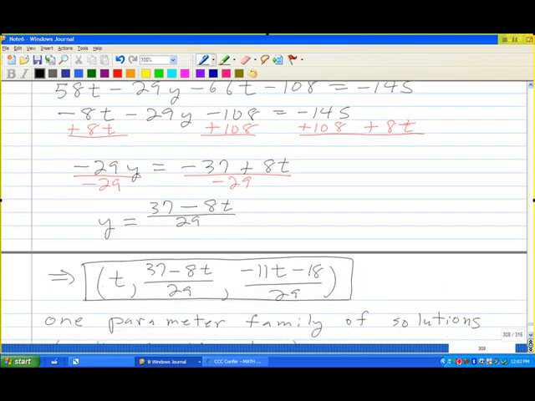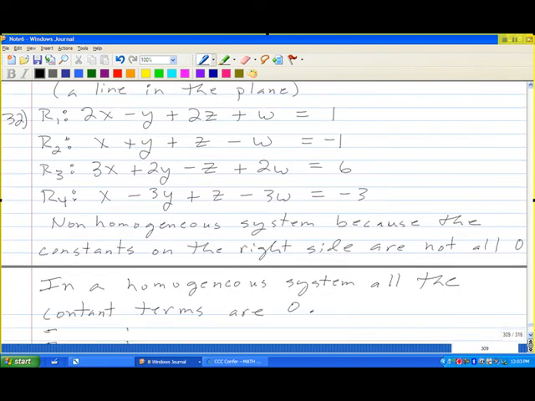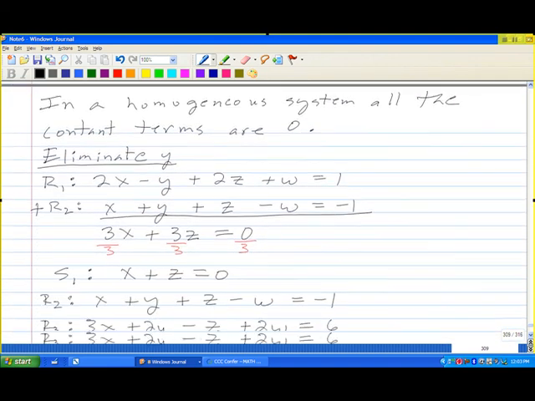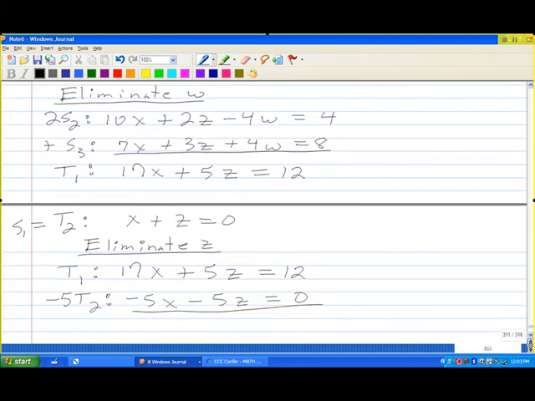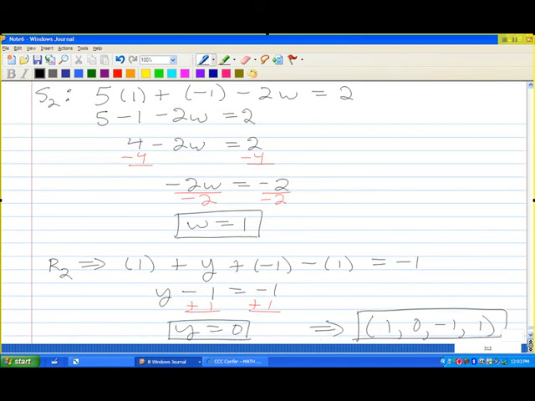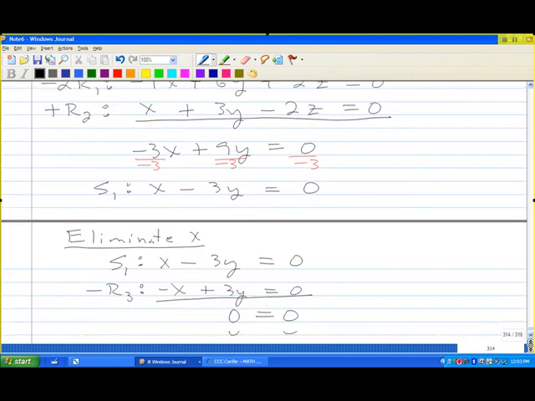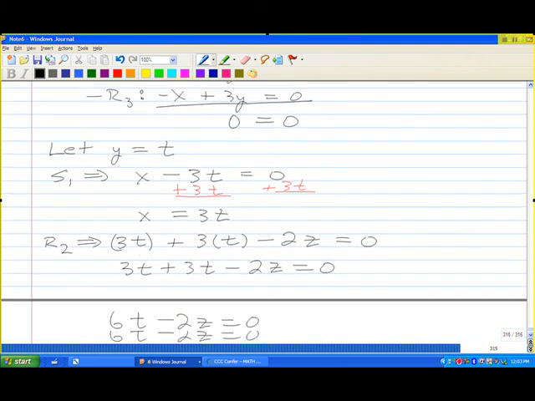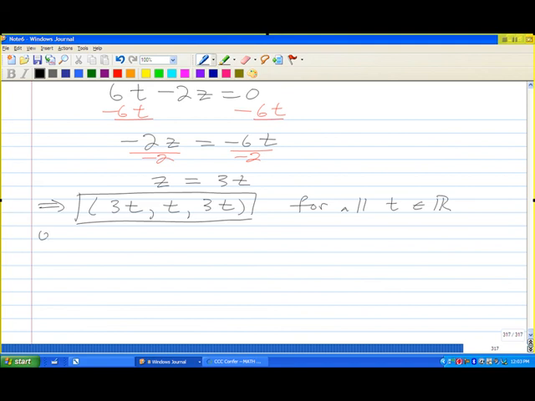I should write that right there. And this is for all t. Okay. And so I've written my solution as a one parameter family of solutions. The parameter being t.